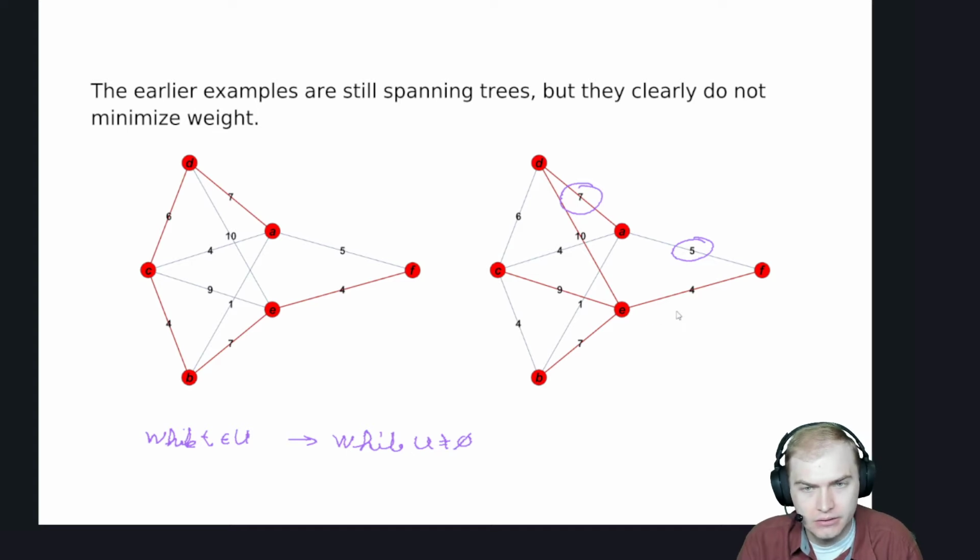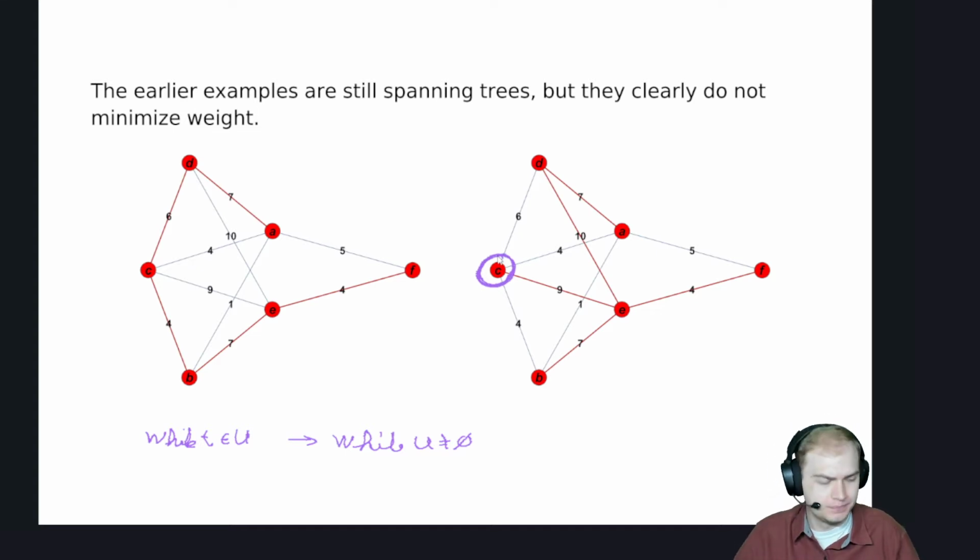Well, let me perhaps explain that a little better. Dijkstra's algorithm, suppose we started at C. Suppose C was our initial point. It's going to find the shortest path.